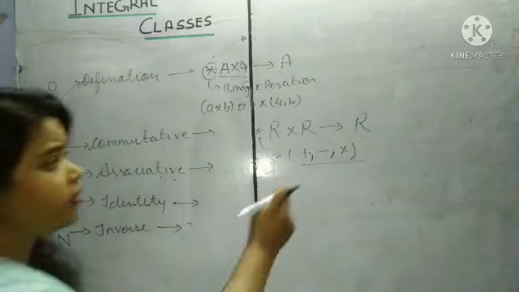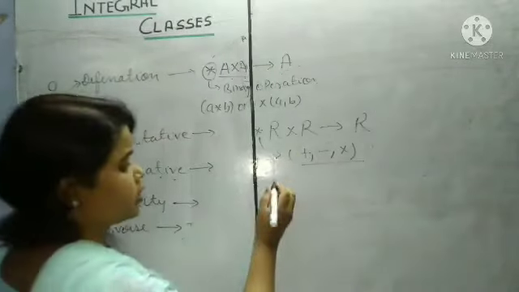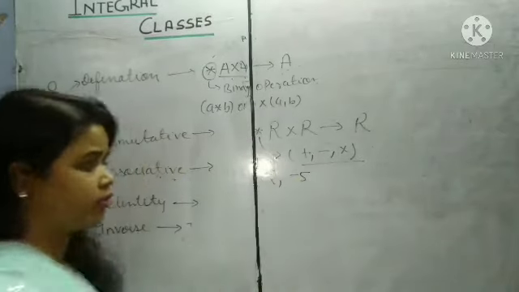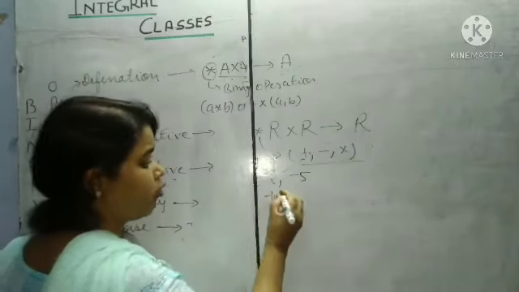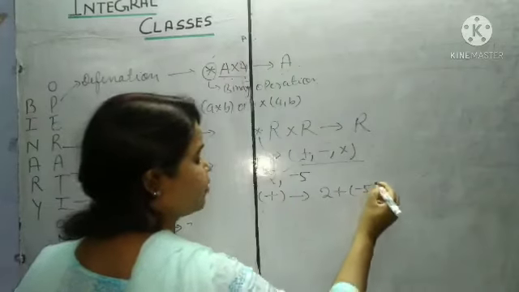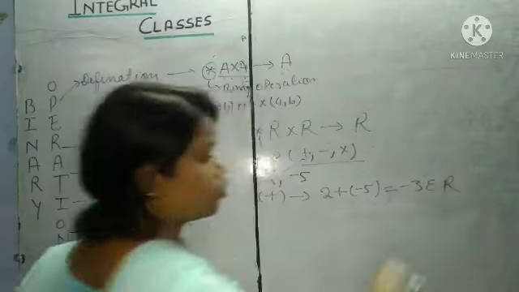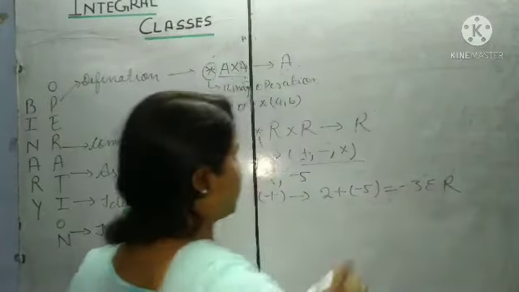How? If we take two numbers from the real numbers, suppose 2 and minus 5, and apply the binary operation for addition, 2 plus minus 5 equals minus 3, and minus 3 belongs to R. So it works on real numbers.